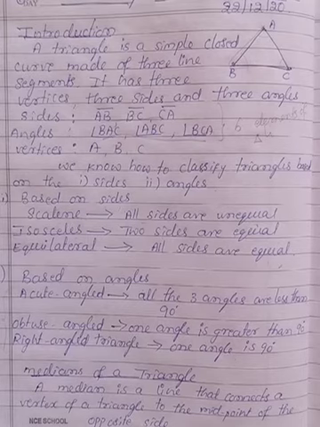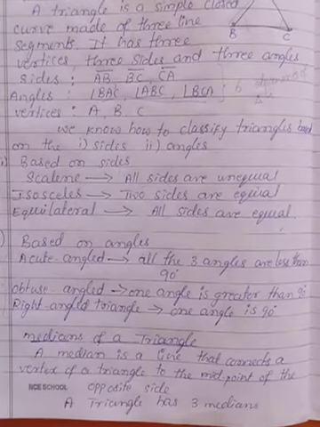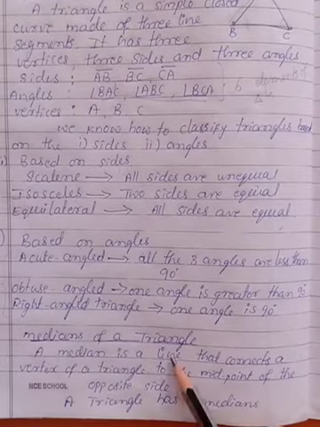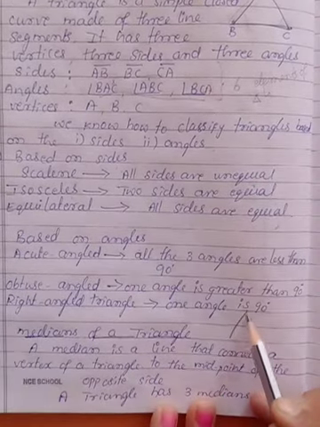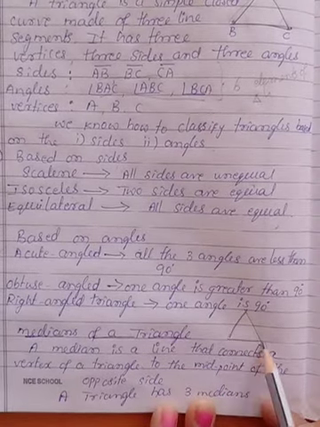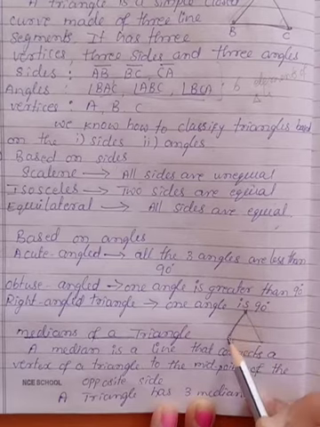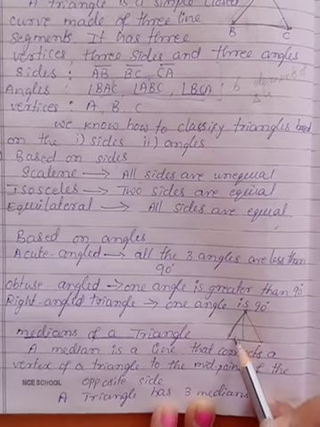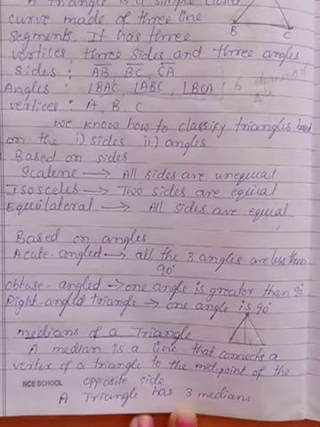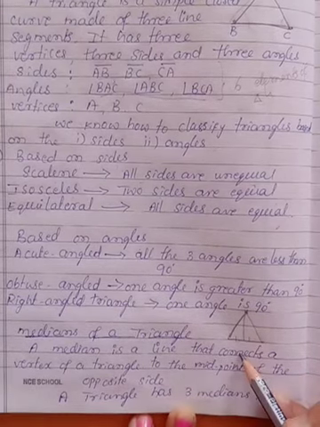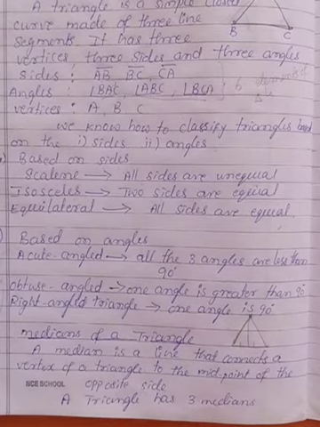Leaving this, there are some special elements we get in a triangle. What are they? The first one is the median of a triangle. So what is a median? We should know that first. When you have a triangle and a line is drawn from a vertex to the base such that the base is divided into two equal parts, then such a line is called a median of a triangle.